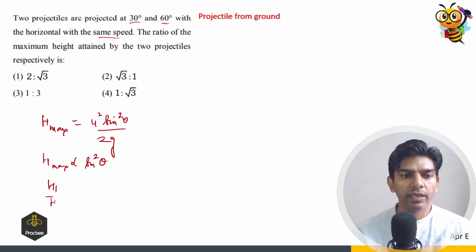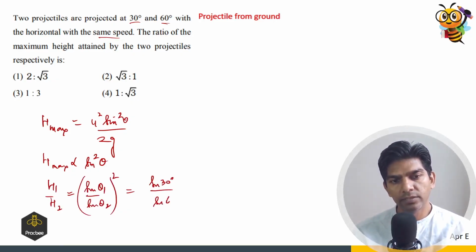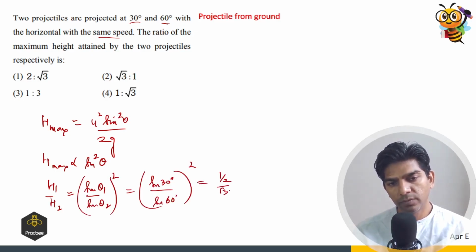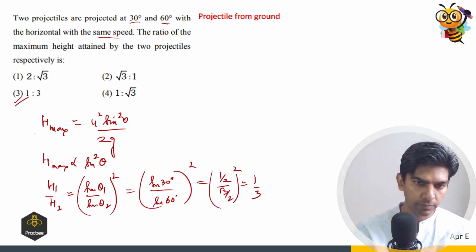So h1 by h2 will be sine theta 1 upon sine theta 2, whole square. Sine theta 1 is sine 30 and sine theta 2 is sine 60, square of that. That will be 1 by 2 over root 3 by 2, squared, so it will be 1 by 3. So option 3 is the right answer.